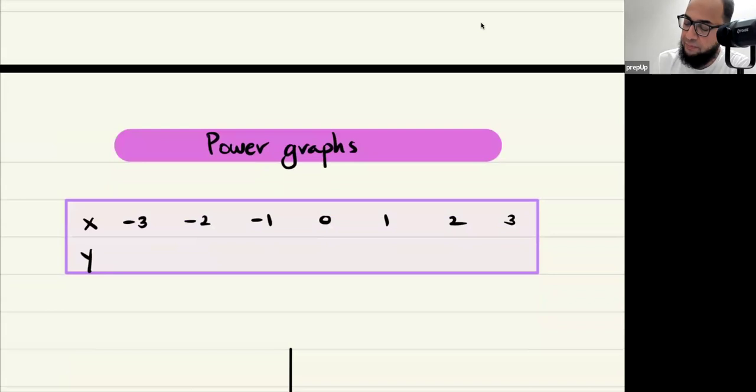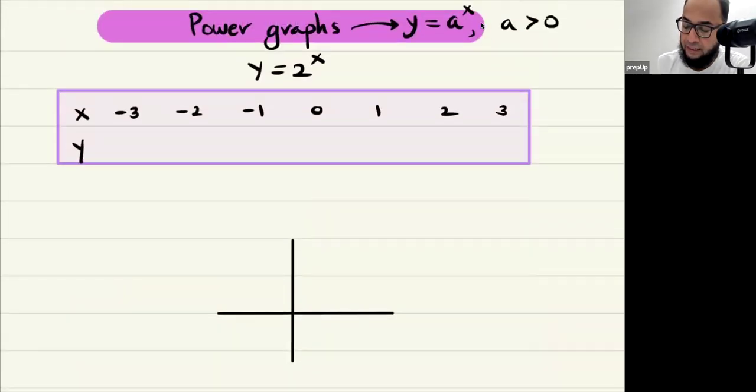And over here we'll be talking about y is equals to a raised to power of x, a is still positive, the base is positive. 2 raised to power of -3 is 1/8, it's not negative. 2 raised to power of -2 is 1/4, -1 is 1/2, 2 raised to power of 0 is 1, 2 raised to power of 1 is 2, and then 4, and then 8.